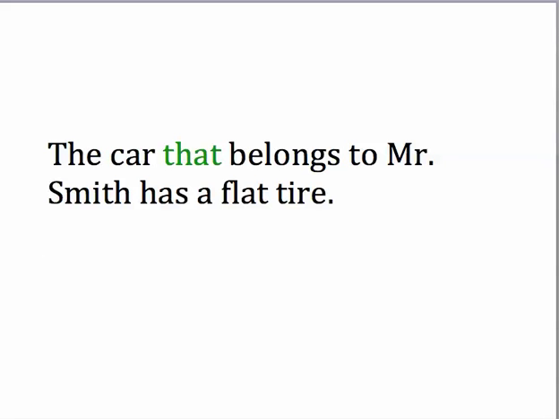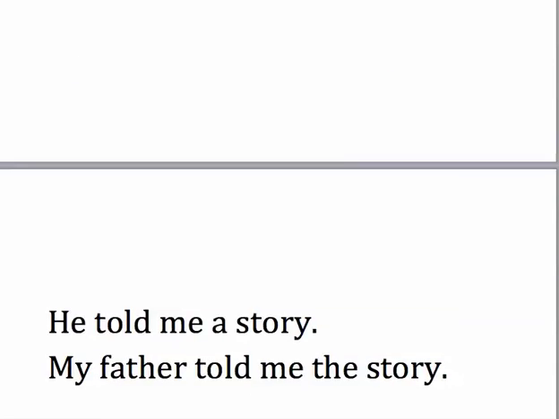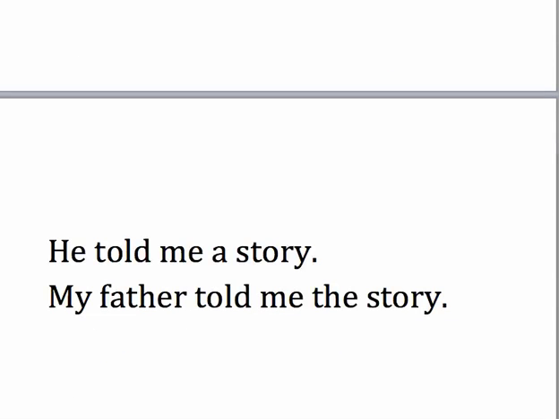Now, there's another that clause called the invisible that clause, and I'll show you how to make one of those. Okay, in this combination, we can see two sentences. He told me a story. My father told me the story. We're going to replace story with that.